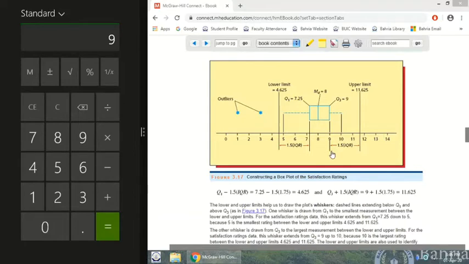So this is adding from quartile 3, and then we have subtracting from quartile 1. Because we are to find out the interquartile range, and like I said, it's quartile 3 minus quartile 1 to find out the range which is lying in between the two quartiles.